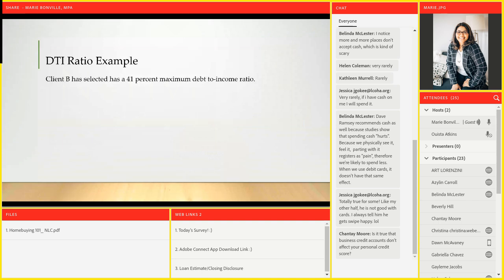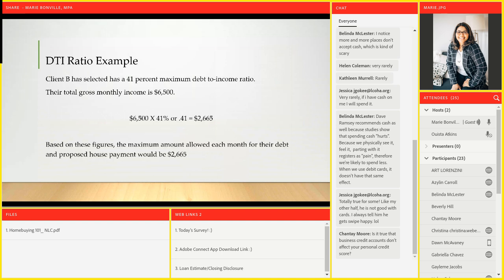Client B, for example, has selected Section 184, so the maximum amount of debt that they can hold is 41% of their income. Their total gross monthly income is $6,500. $6,500 times 41% means that their debts and their housing payment can't exceed $2,665. So you can see here that debt definitely affects affordability.